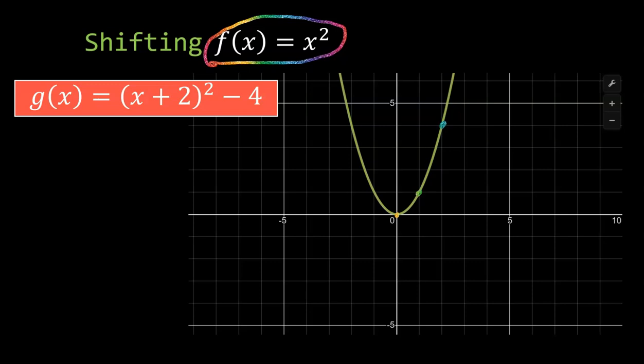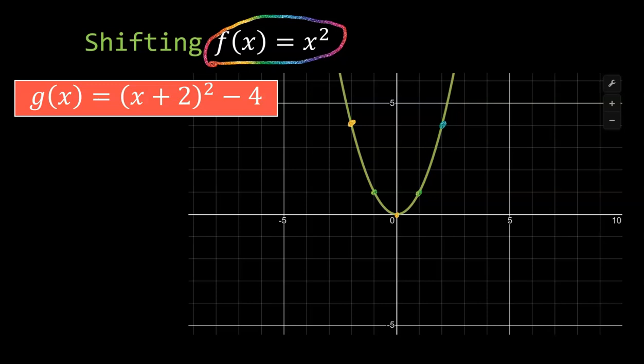The same thing on the left-hand side: left 1, up 1, because negative 1 squared is 1. Left 2, up 4, because negative 2 squared is 4. So those are our tracking points, okay? And we need 5 points in order to make this nice looking U.